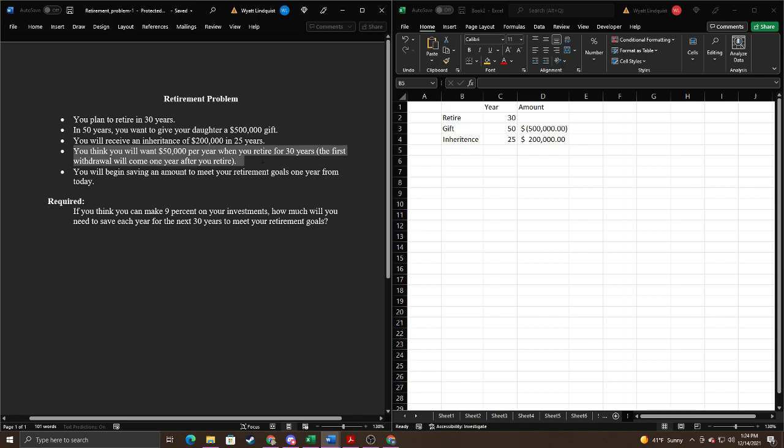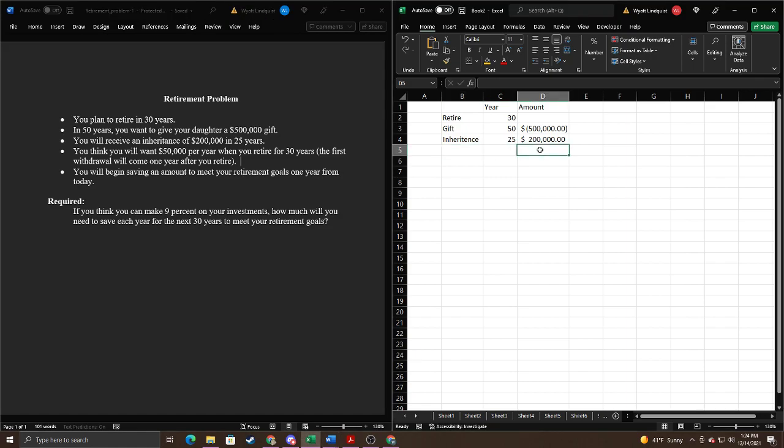And then next, every year after we retire, we want $50,000. So we need to take out 50,000 for 30 years, and this is going to be after we retire. So we're going to retire in year 30.